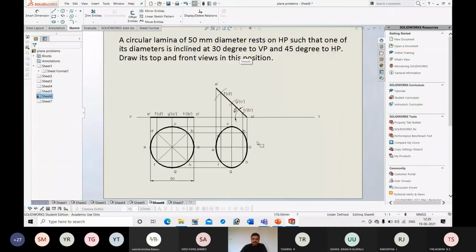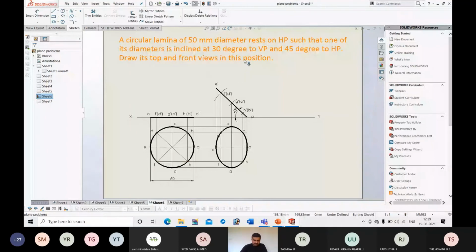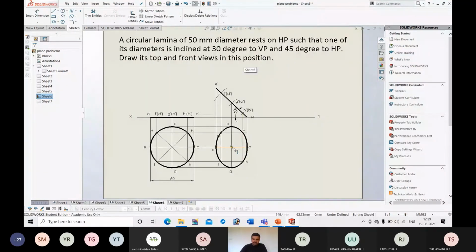Now once again we should incline this ellipse to some inclination with VP. Now you should check whether you have true length of the diameter or not. So 30 degree to VP, whether it is true inclination or false inclination.